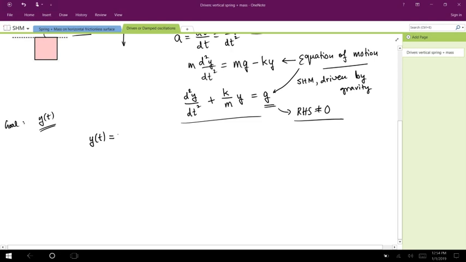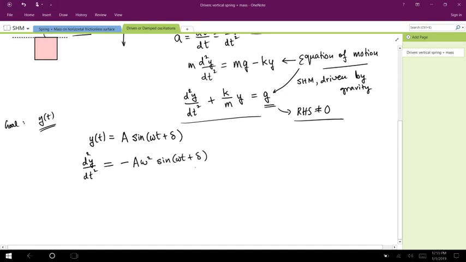We said the displacement can be written as some constant A times sine of omega t plus delta. If we do that and then calculate d2y/dt2, since we have calculated this before, I'm going to skip and just write down what d2y/dt2 is. That will be negative A omega squared sine of omega t plus delta.